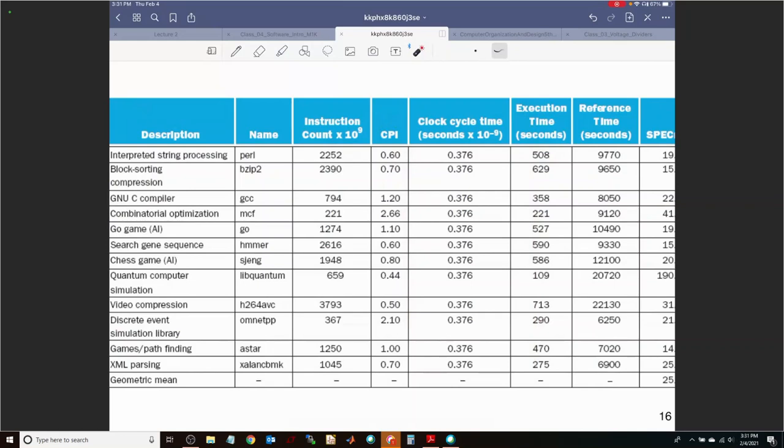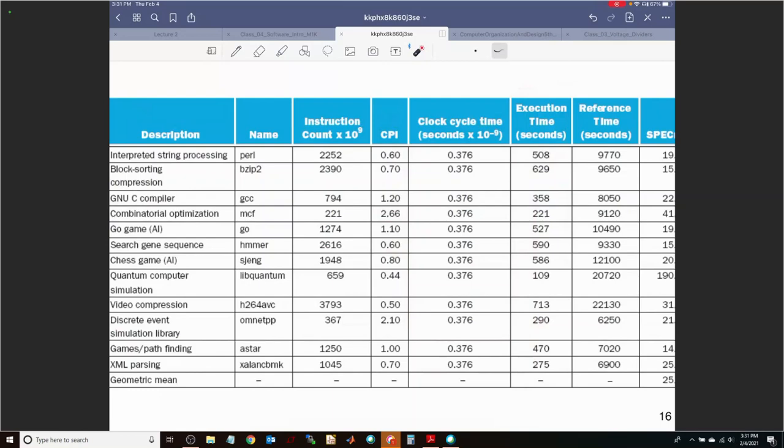The lowest number I see on this list is 0.6 cycles per instruction, and it goes as high as 2.66. So the cycles per instruction can be very different for different programs. Then you have clock cycle time in nanoseconds. You multiply the three of them, you get execution time in seconds, because the billion here and the nano there are going to cancel out.